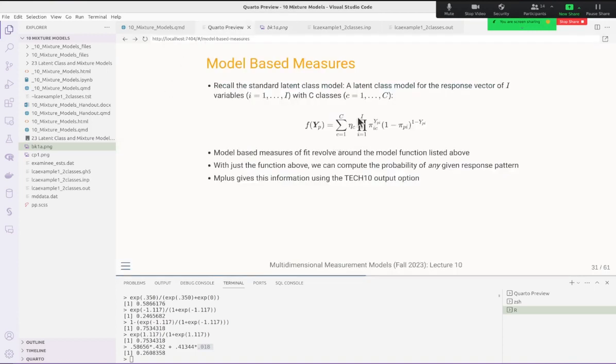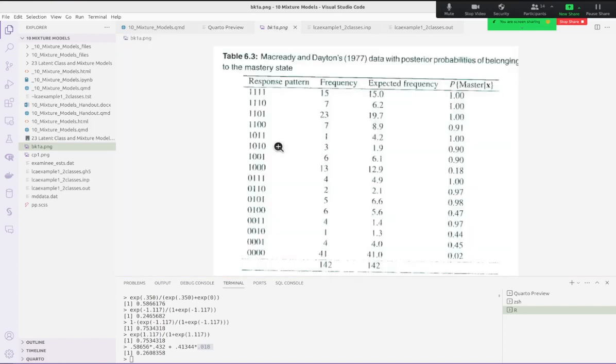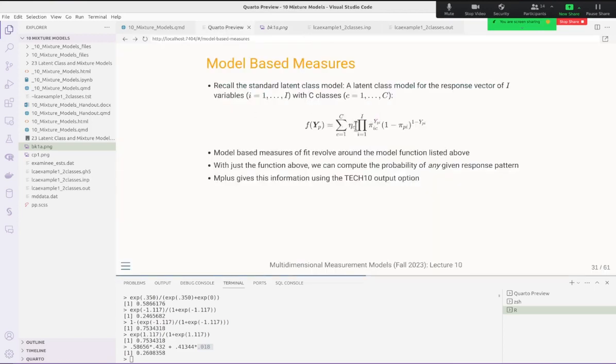If we plug in 1, 1, 1, 1 for y, and we have all the other parameters, what this equation gives us is the probability someone, a person at large, has a response pattern of 1, 1, 1, 1. That probability, multiplied by our sample size, is our expected frequency for the data. So this model itself we can use to come up with an expected response pattern probability.